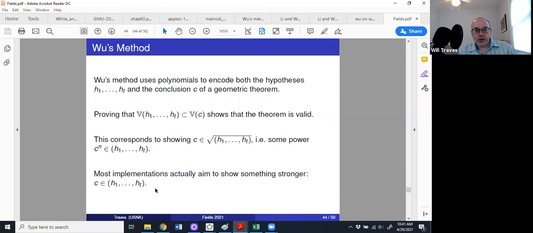And certainly, if that was true, then you would have this inclusion, and C equals 0 would follow from H1 through HT being 0. But that's just what they're aiming for. They usually fail to get that, and they get something slightly weaker.